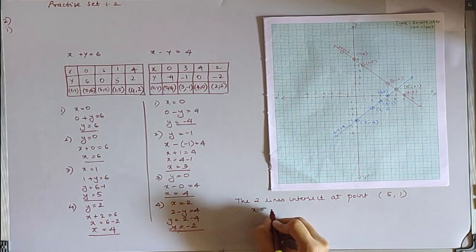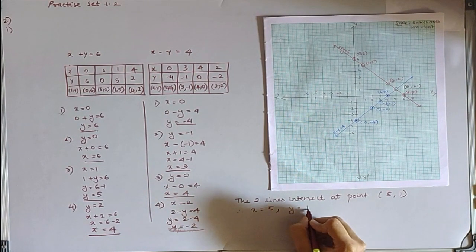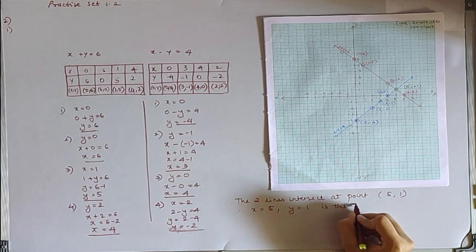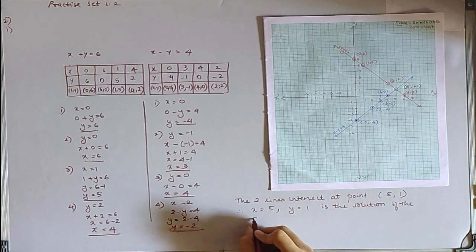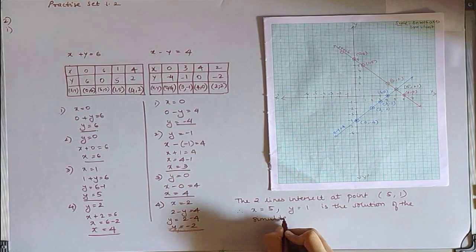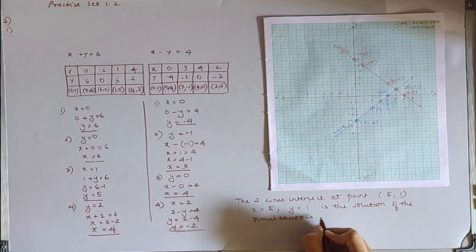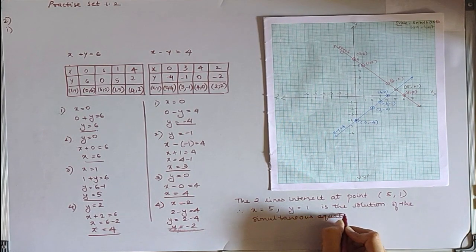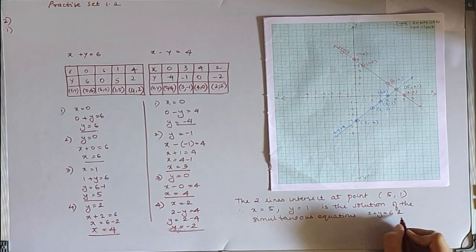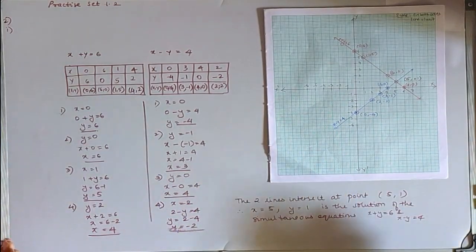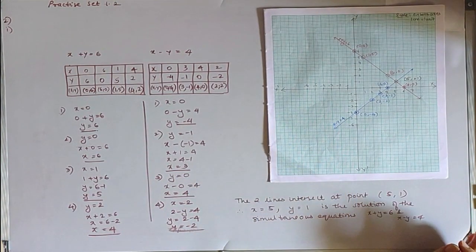Therefore, x is equal to 5, y is equal to 1 is the solution of the simultaneous equations x plus y is equal to 6 and x minus y is equal to 4. So this is how you need to do your sum for exercise 1.2, second set, first problem.